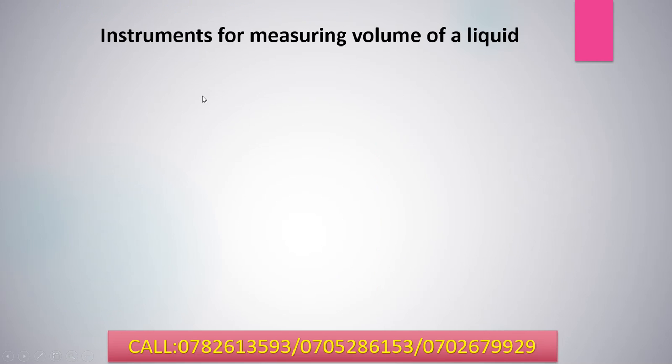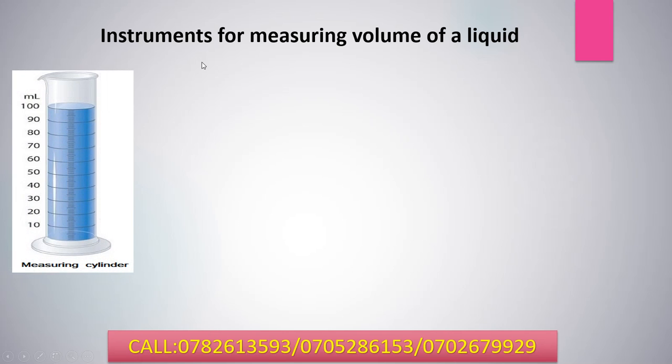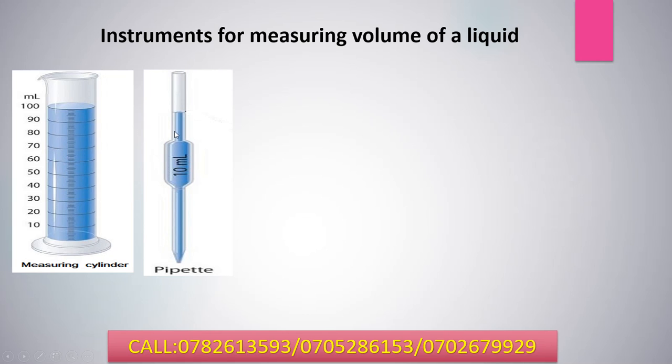LBH. But we can also use instruments to measure the volume of liquids, which you know. We have the measuring cylinder. The measuring cylinder measures in milliliters. Remember, 1 milliliter is the same as 1 centimeter cubed. We have a pipette. A pipette only measures a certain quantity, like this calibrated mark.